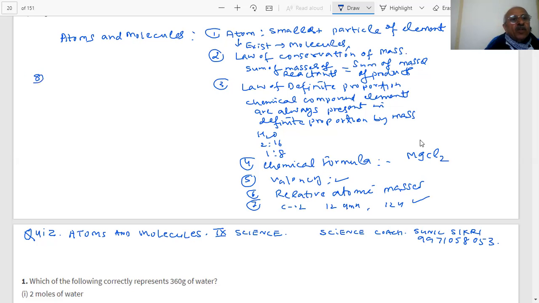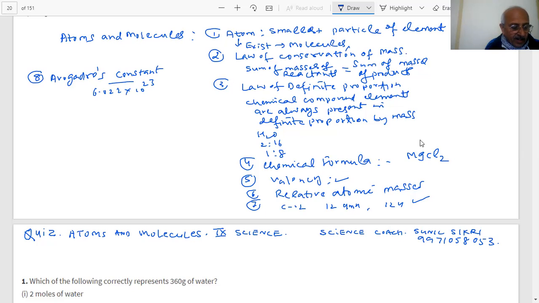Then we also told you about Avogadro's constant. This is a number which is a collection of how much? 6.022 times 10 to the power 23 particles: atoms, ions or molecules.